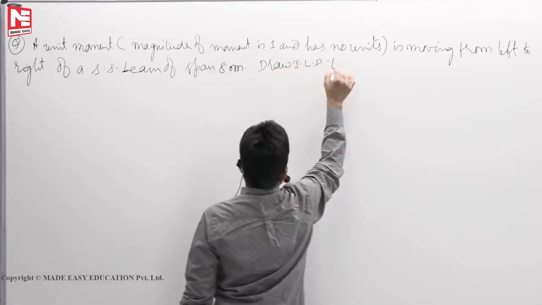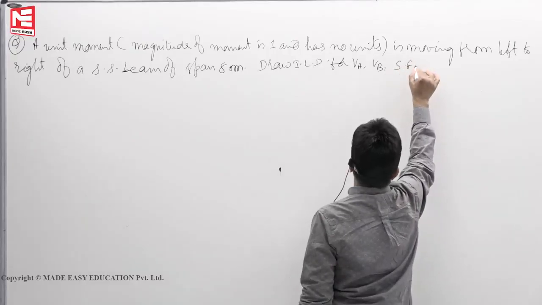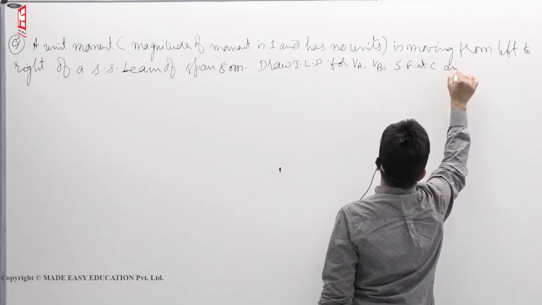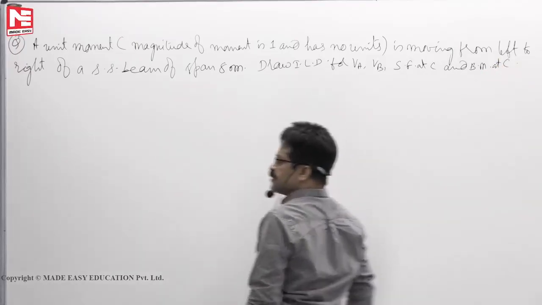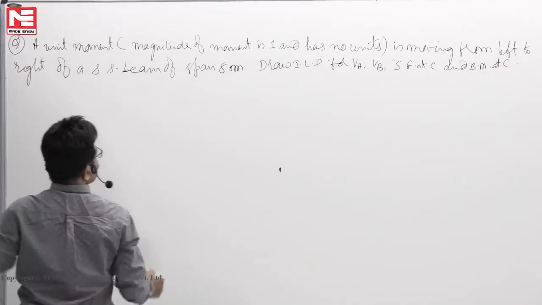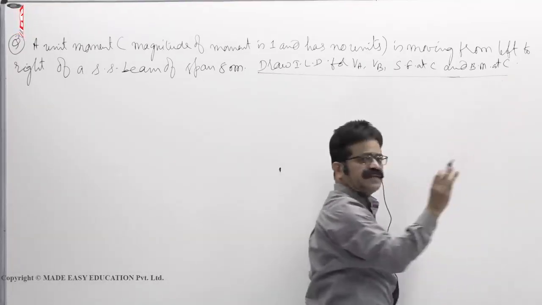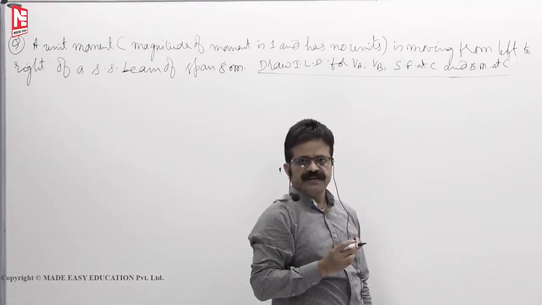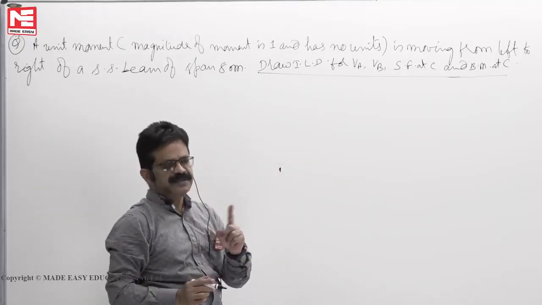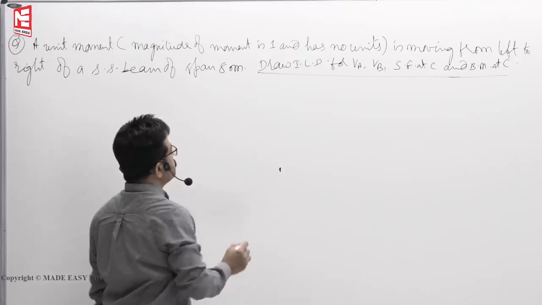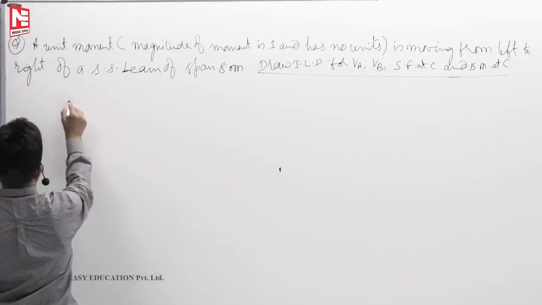Draw ILD for VA, VB, shear force at C and bending moment at C. So, in the exam, here I am drawing 4 quantities: VA, VB, shear force, bending moment. But in the exam, in 2 minutes time, you have to draw only one quantity. Means you have to take only one quantity. So, this is the beam, let us assume.